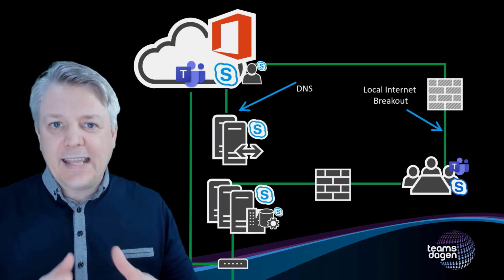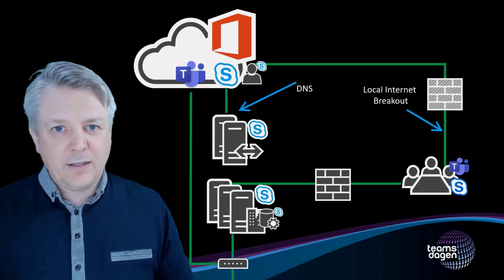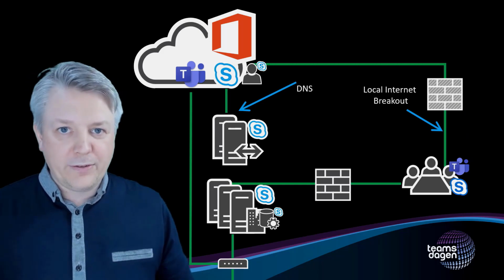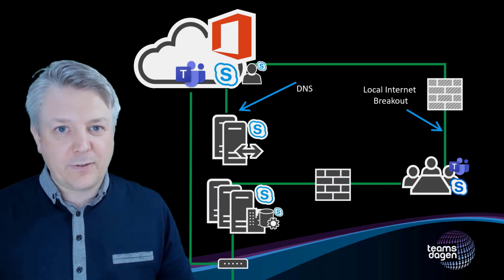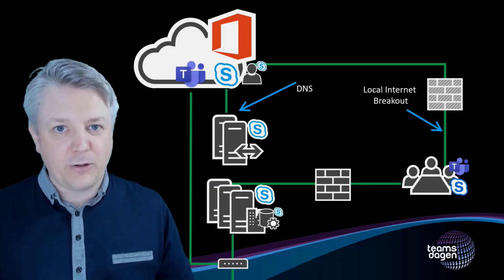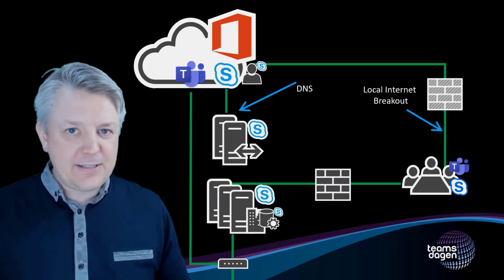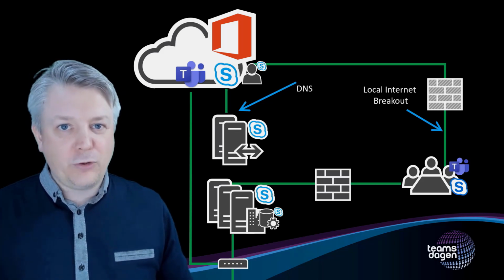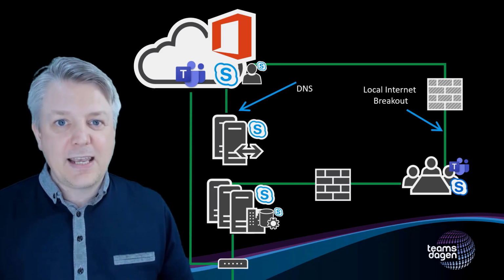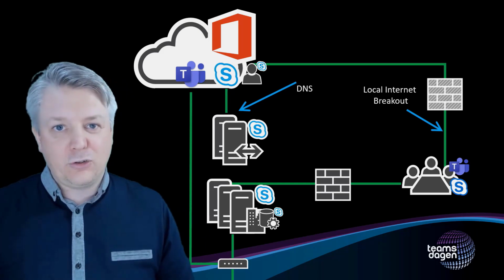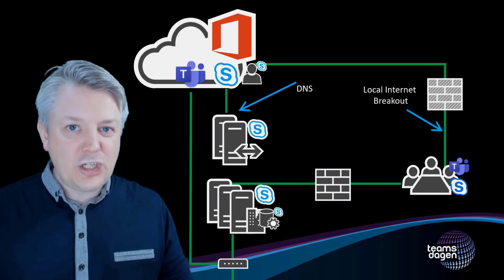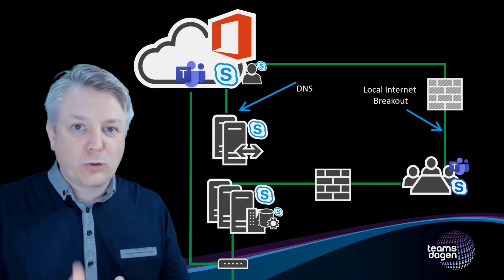Next was the network factors. Principle number one is that you need to have a local internet breakout, or as close as possible, because the main principle for moving to the cloud and using Microsoft Teams is that you want to go directly to the cloud, and we want to use GeoDNS, so we go out locally.